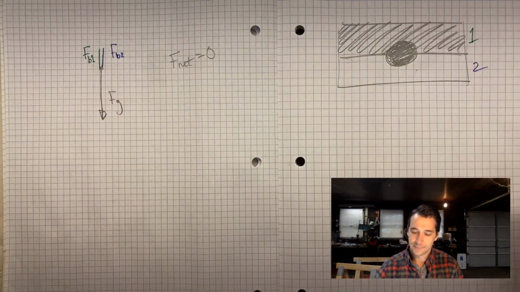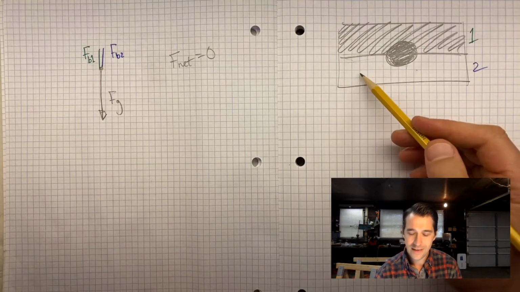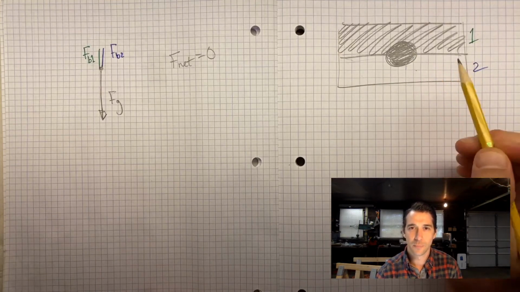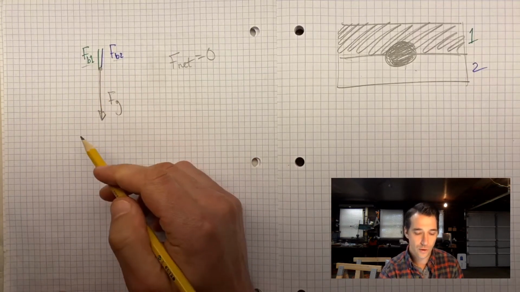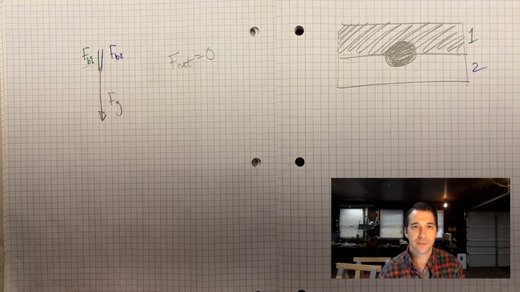Based on the diagram that they're giving us, we know that liquid 2 is more dense. And buoyant forces are always equal to the weight of the displaced fluid.